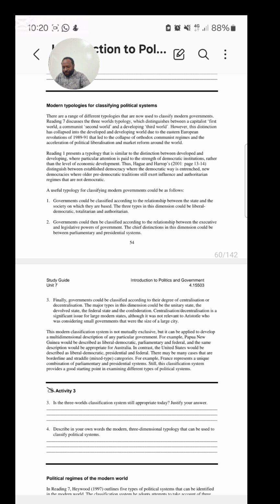There are a range of different typologies that are now used to classify modern governments. Reading 7, in your resource books, discusses the three worlds typology, which distinguishes between capitalist, communist, and the developing world.